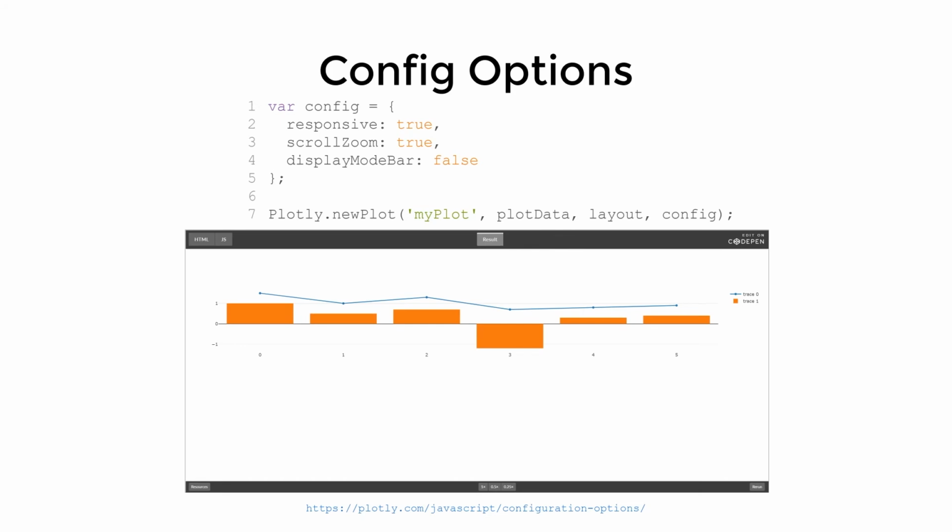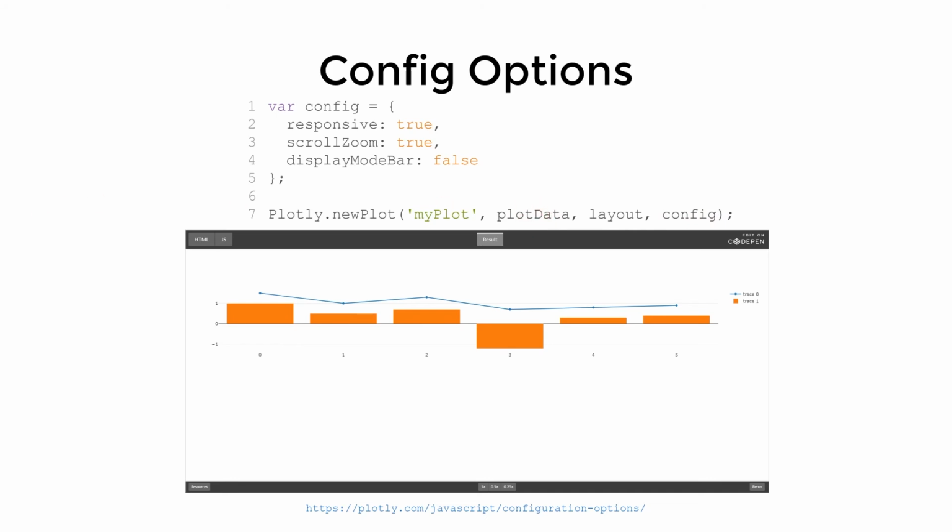These config options are more general. They're not related to specific pieces of data or series of data. And so this is why they get set up separately as their own object and input parameter into our plot rather than as part of the plot data itself.